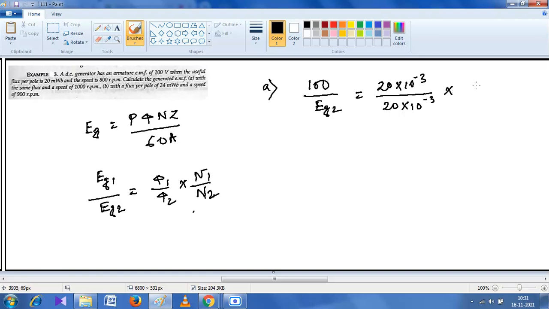So here the first speed is 800, then the next speed in option A is 1000. So if we calculate Eg from this equation, what is the value? 125. 125.